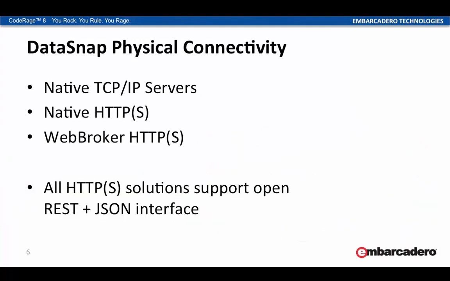Now let's try to see what's available as part of DataSnap. In terms of physical low-level connectivity, you can create TCP/IP servers, you can create native HTTP servers, or HTTP servers that use the web broker architecture.